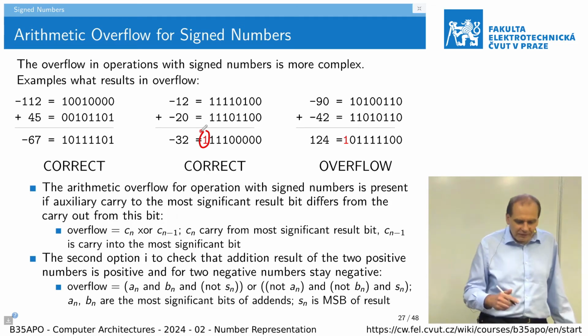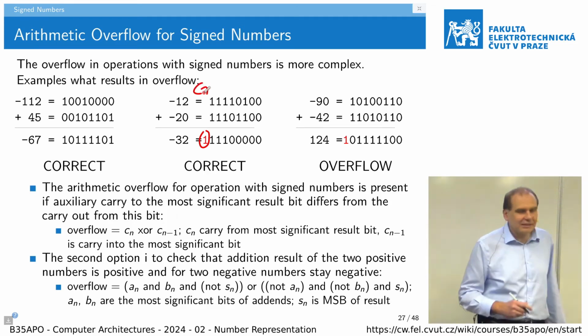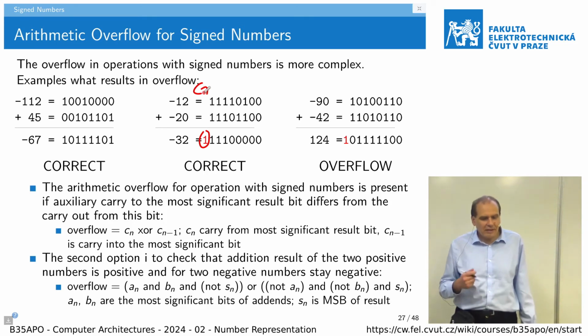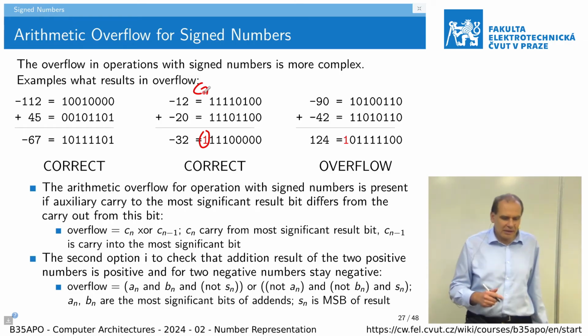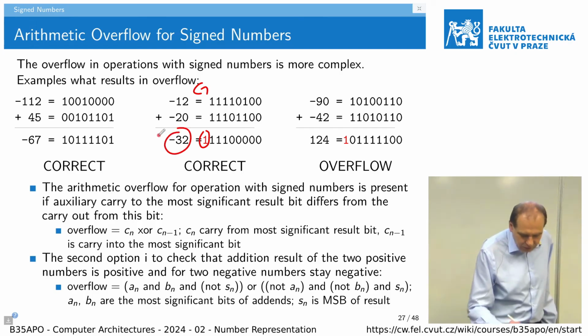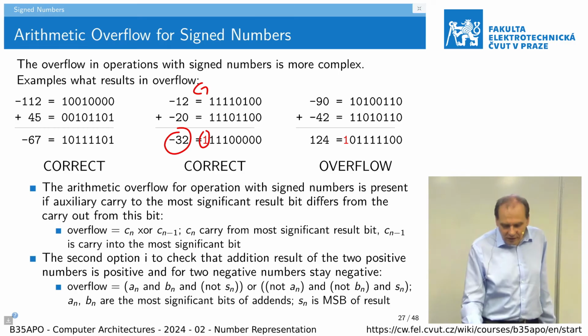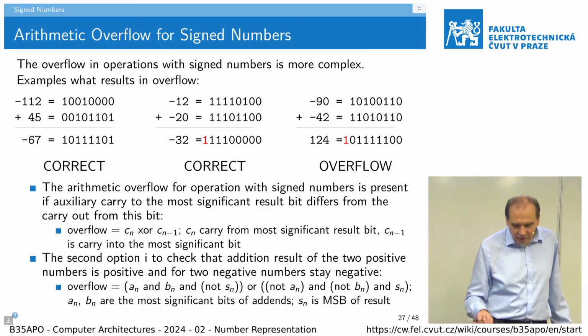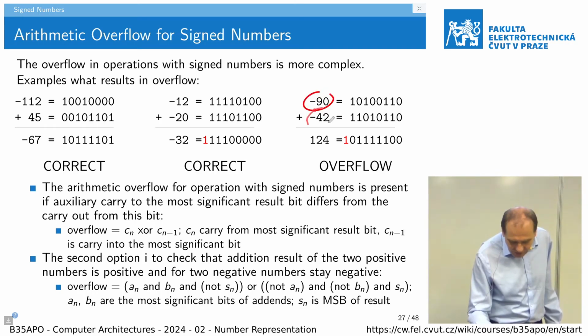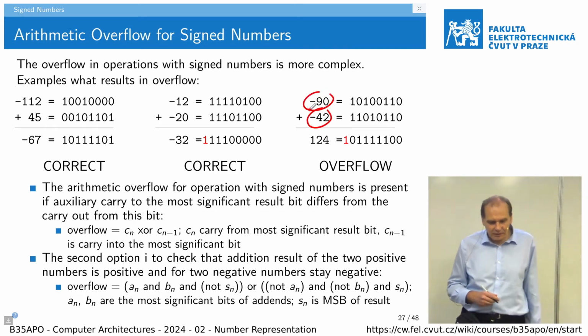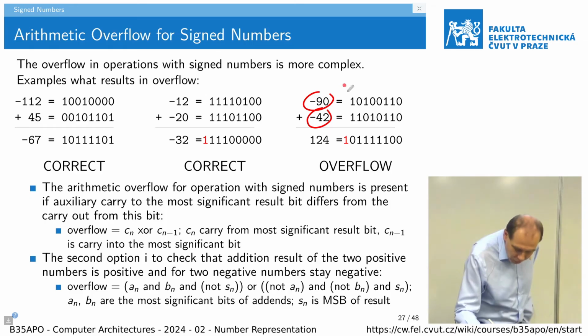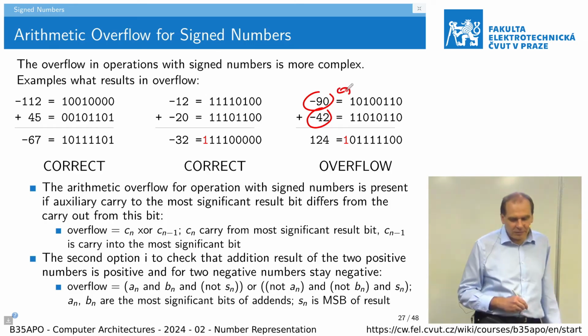So we have there overflow in the representation addition, but in fact there is no overflow in the arithmetic, because the result minus 32 can be well represented in the 8-bit signed number. But in this case, if we add those negative numbers, then there is overflow in the most significant carry in the most significant bit.